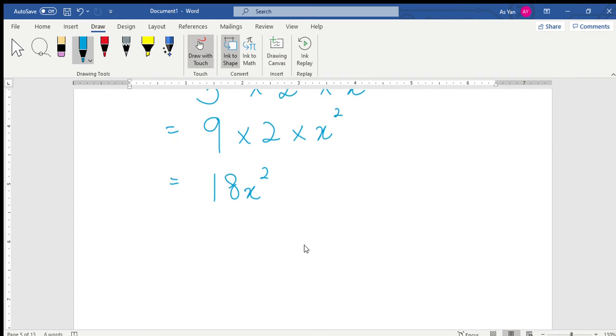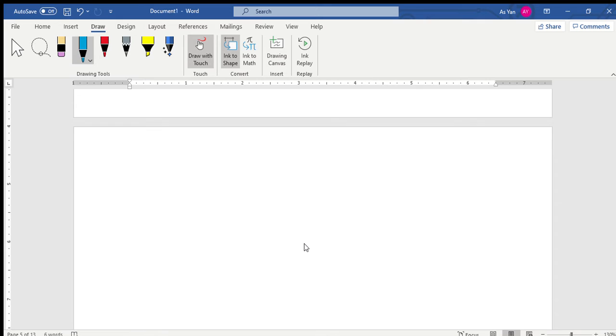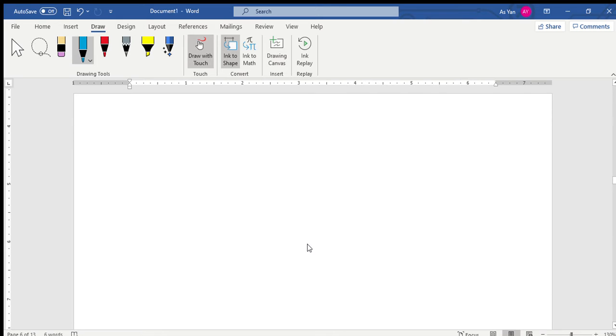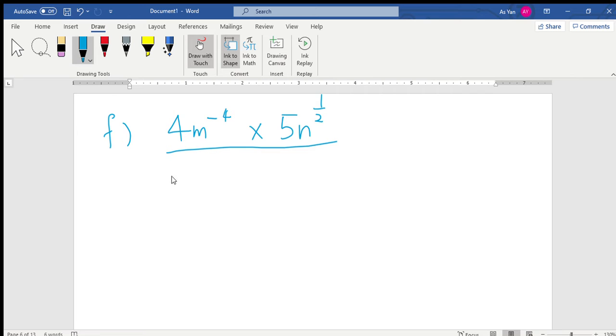Okay, so let's look at the next question. Page 10, F. So F, the question is 4m to the power of negative 4 times with 5n to the power of 1 over 2 over 5m to the power of negative 4 times with n to the power of 5 over 2.